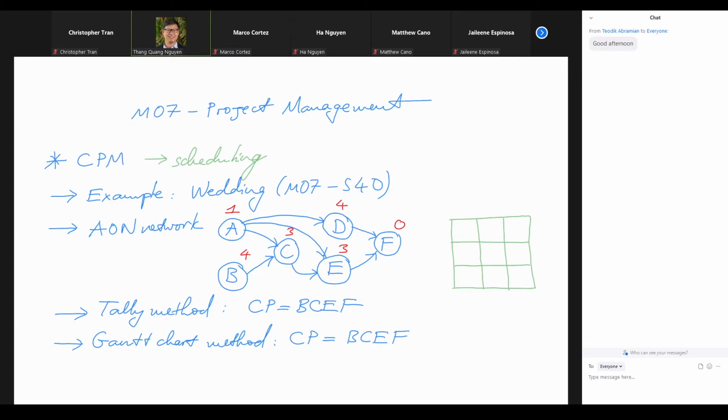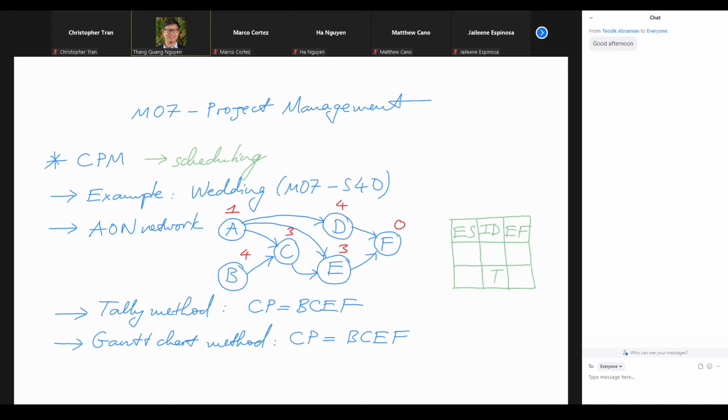So in each cell, we would write out the name of the activity, or the identification of the activity. And then we write out how long it takes to complete the activity, right? At the top row, we would fill in the earliest start and earliest finish. When can we start it and finish it at the earliest?